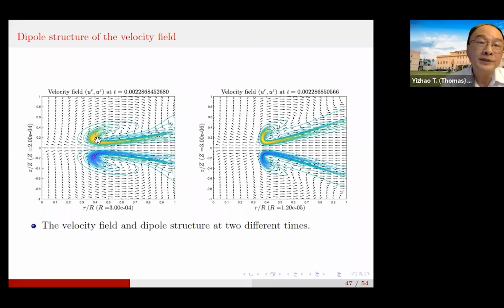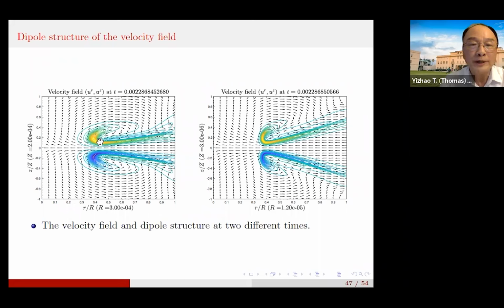If you scale the solution, shift the solution to move the center to this position, capital R, where U1 achieves the maximum value, then you can treat it like an approximation to the Boussinesq equation to some extent if you have a two-scale structure.